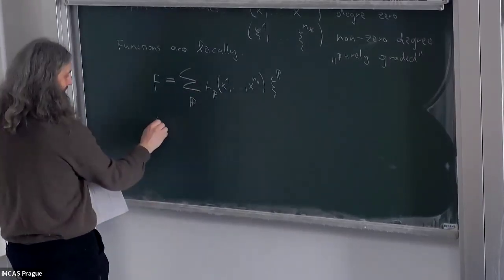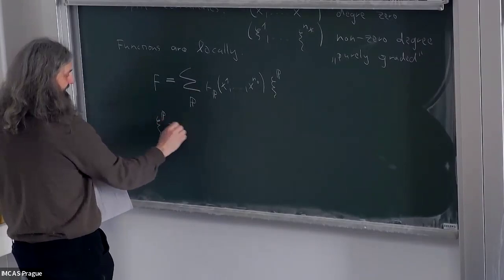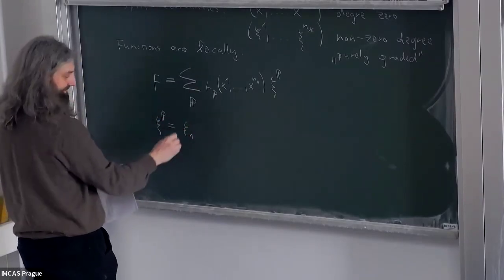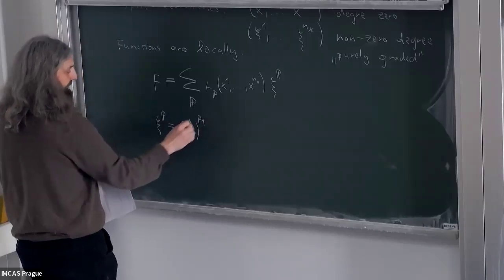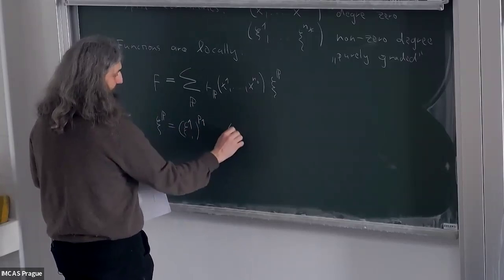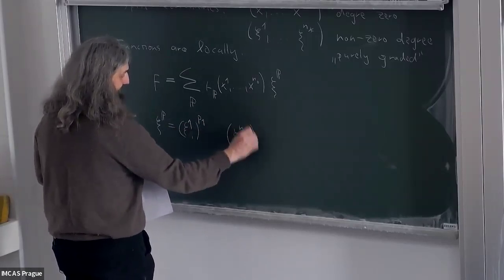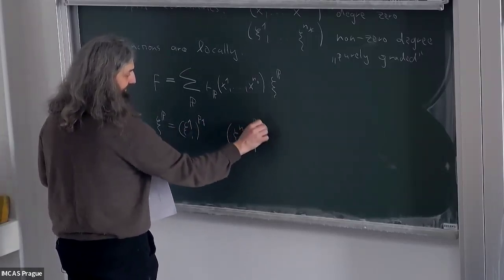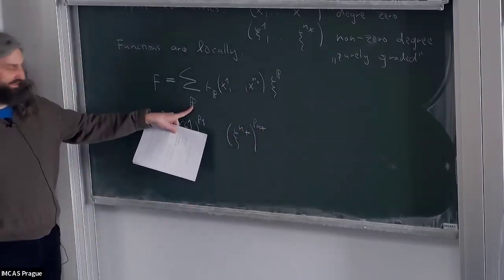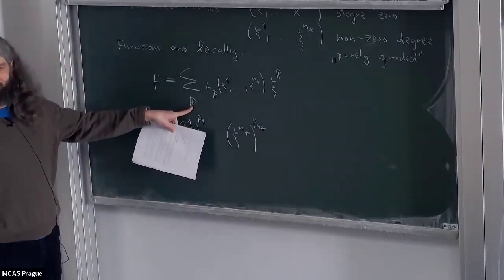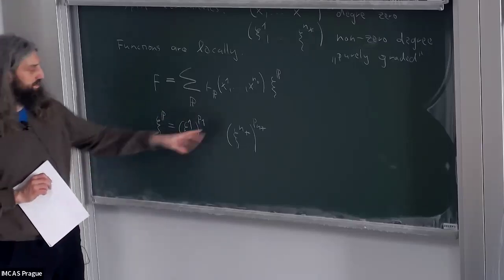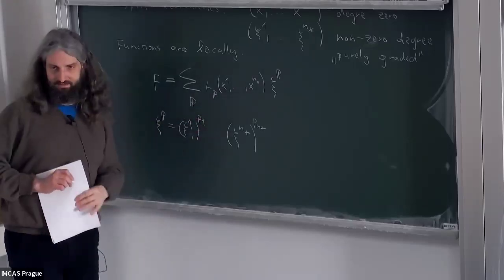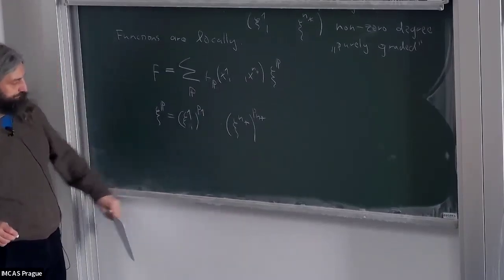What does psi to the p mean? You take psi 1 to the power of p1, up to psi n star to some power pn star. These p's are actually n star tuples of non-negative integers, telling you which power you have to take of your psi.